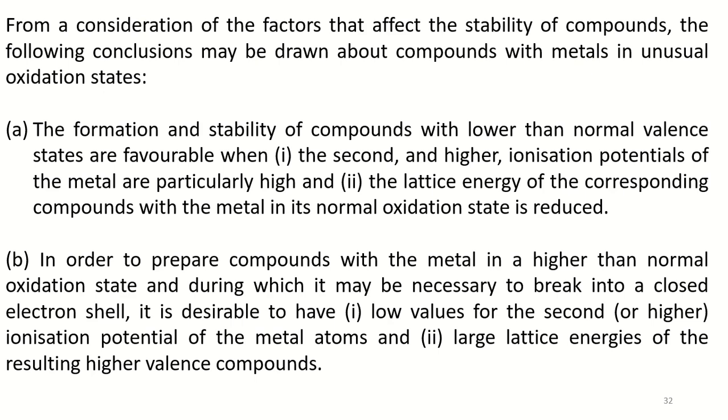Number two, in order to prepare compounds with the metal in a higher than normal oxidation state, during which it may be necessary to break into a closed electron shell, it is desirable to have low values of second ionization potential of the metal atoms and large lattice energies of the resulting higher valence compound.